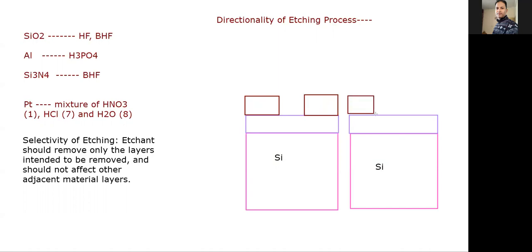That window is in the middle of this photoresist layer. So this is the oxide layer, and above the oxide we have the photoresist layer.